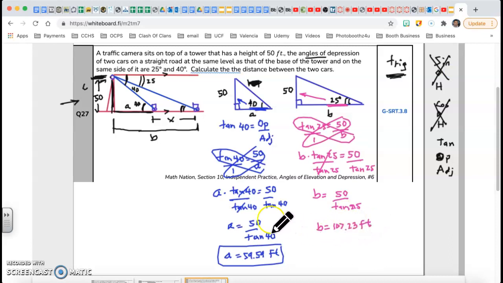What did I say in the beginning? My x value is the whole thing, which is B minus this piece.